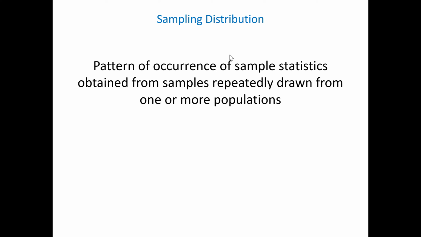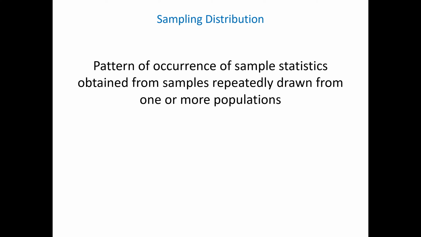When we were talking about descriptive statistics, we talked about four types of distribution: frequency, relative frequency, cumulative frequency, and cumulative relative frequency. When it comes to probability, we talk about continuous probability distribution and discrete probability distribution. That's when we talk about probability distribution. Now here we talk about sampling distribution. It is in logic.